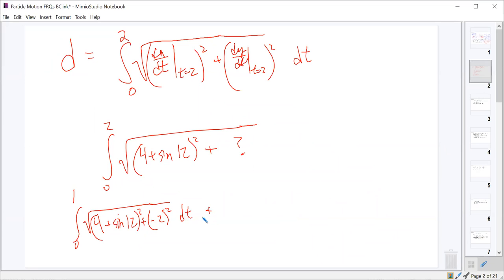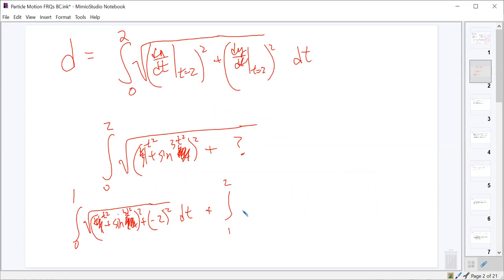And then, gosh, I'm sorry, I'm out of sorts today. We don't plug this in. This is just t squared. We don't plug these things in because we're doing the integral. Was it 3t squared? Is that what it was? T squared plus 3 sine 3t squared from 0 to 1.